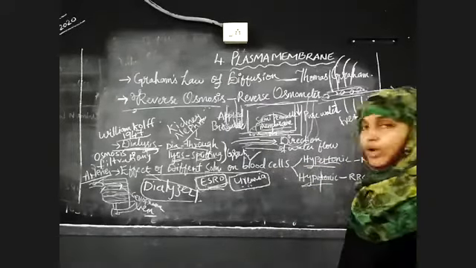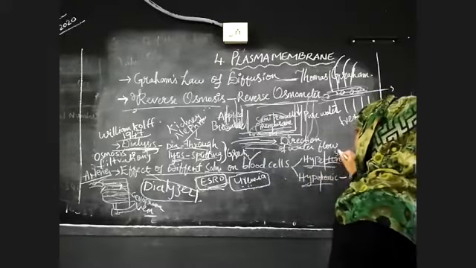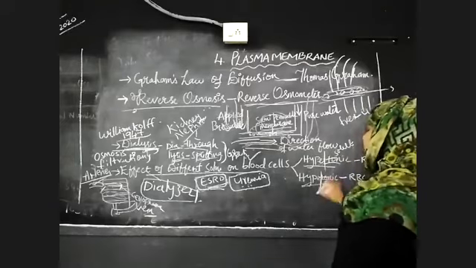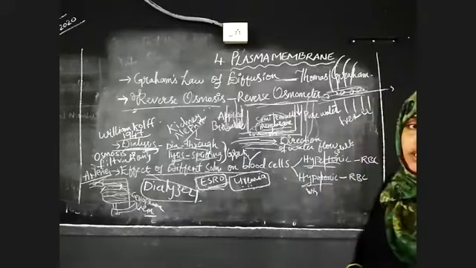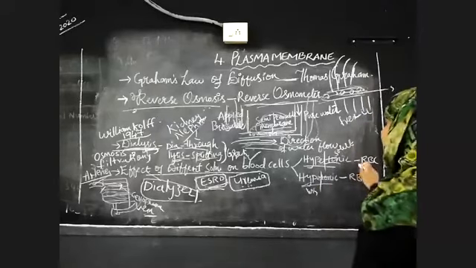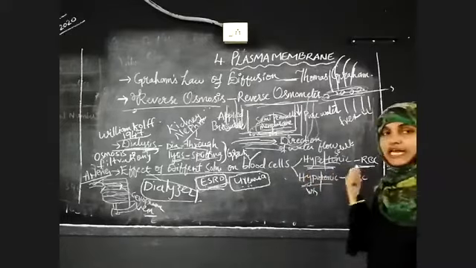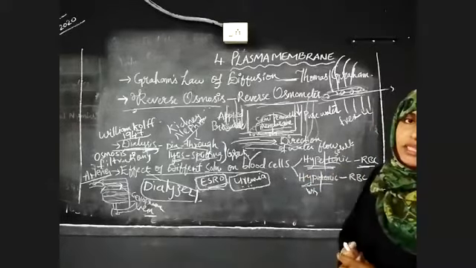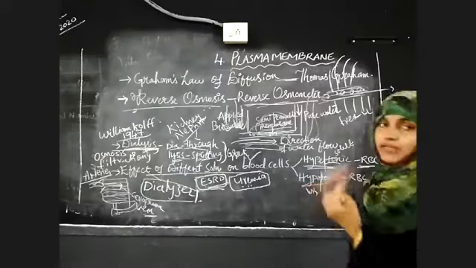Hypo means low and hyper means high. Hypertonic solution is one where the solute concentration is high, and hypotonic is where the solute concentration is less. When RBCs are kept in hypertonic solution for a few hours, the RBCs will undergo shrinkage and they will die.